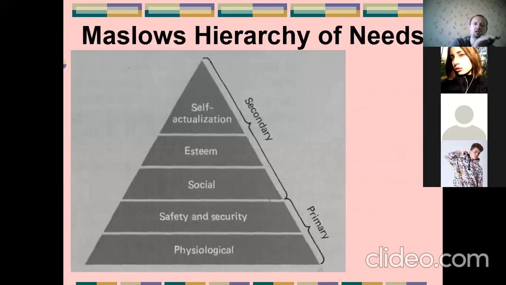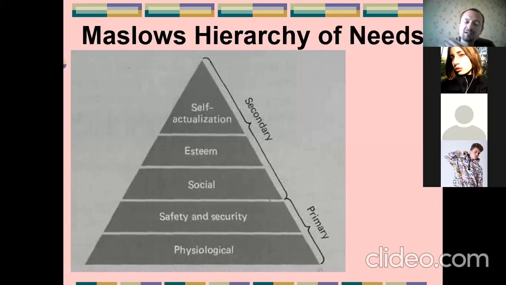So he built a pyramid from these needs: physiological, then safety and security, then social, then esteem, and then self-actualization. And it is the second idea of Abraham Maslow. The first is that he divided all needs into these five groups.